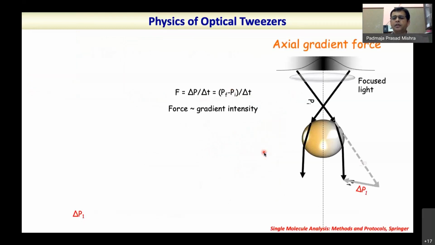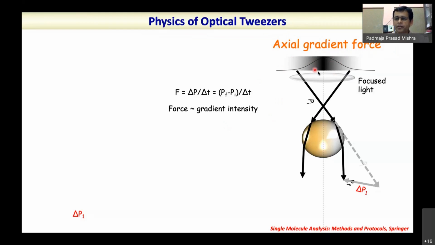Let's consider a particular case where, instead of a linear beam, where the intensity is almost uniform, we use a gradient beam. A gradient beam has more intensity at the center, and I have already explained how to create one using a very high numerical aperture objective.